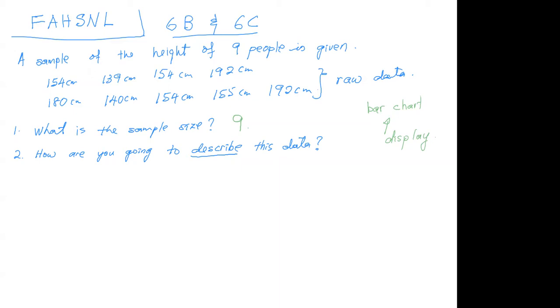When you say describing, in statistics, we use three values. That is called the center of data. We call it central measure. That is in 6B. Central measure. So 3 values.